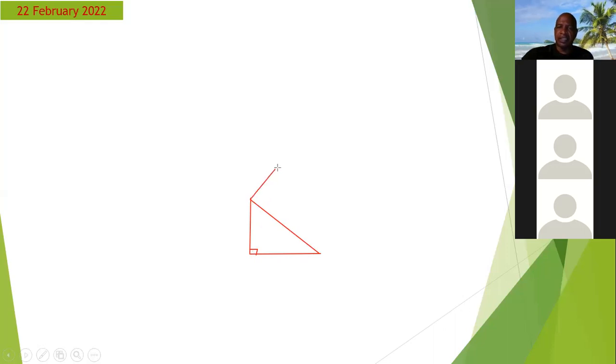So if you construct each side of the right angle triangle into a square, we construct the hypotenuse into a square. Now we can construct the other two sides into a square. And if you remember what a square is, a square has equal sides with 4 right angles in it.